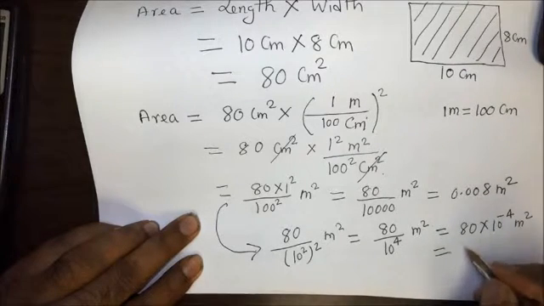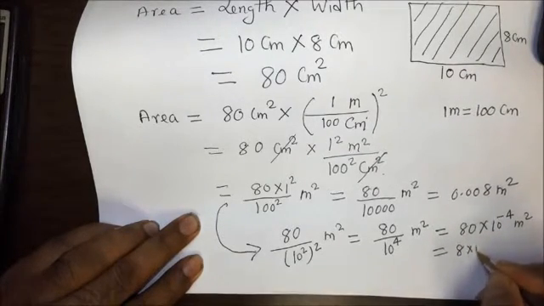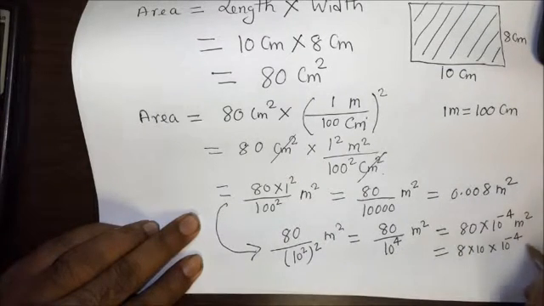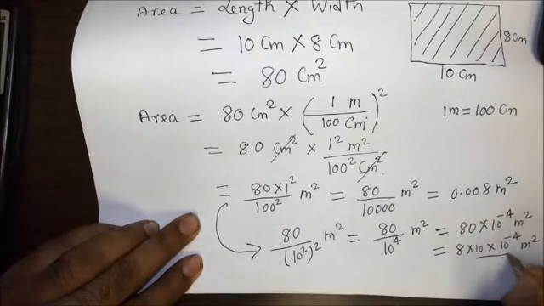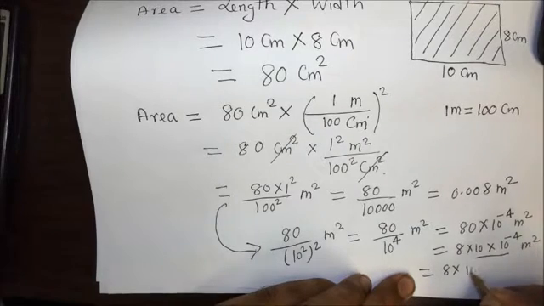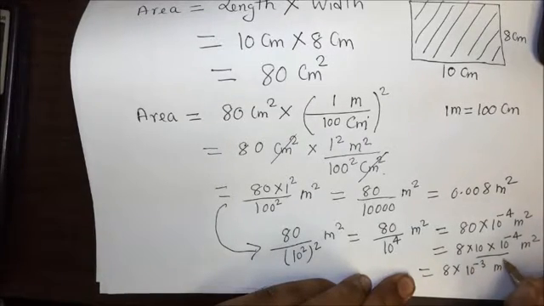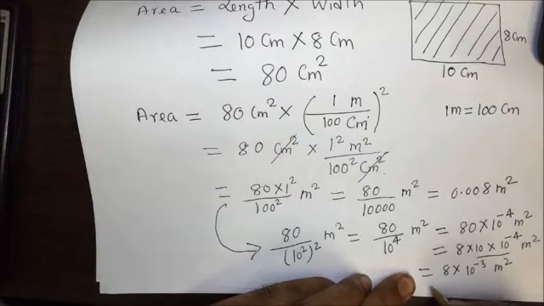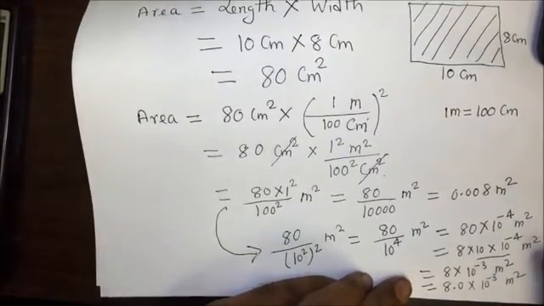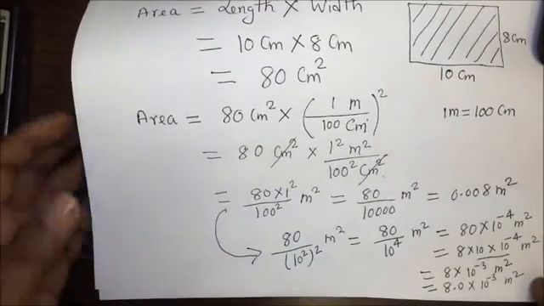Okay, this is 8 times 10 times 10 to the power minus 4, because 80 is 8 times 10 meter square. If you mix this together, this is 8 times 10 to the power minus 3 meter square. It is 8.0 times 10 to the power minus 3 meter square. Alright. So you can do it like this also.